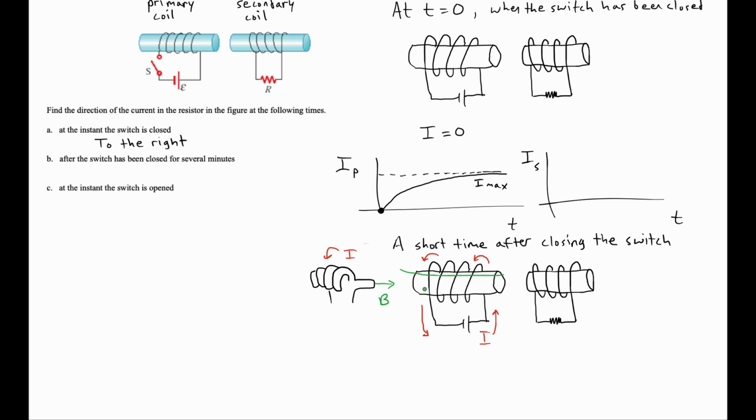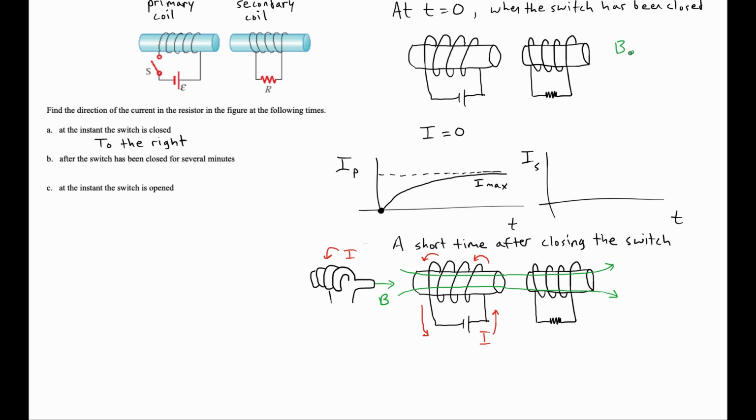So we could have field lines that penetrate through like this, and they can keep going and go right through that second coil. So you can see why there could be an induced current in this secondary coil, because the magnetic field that's going through it is changing.